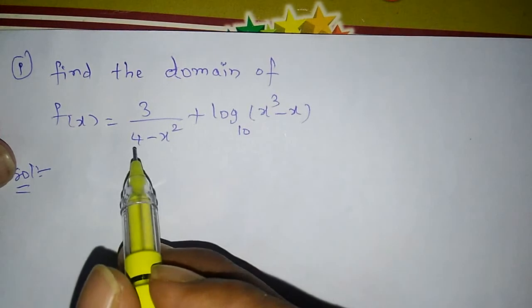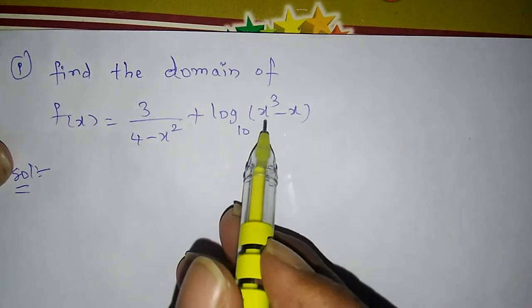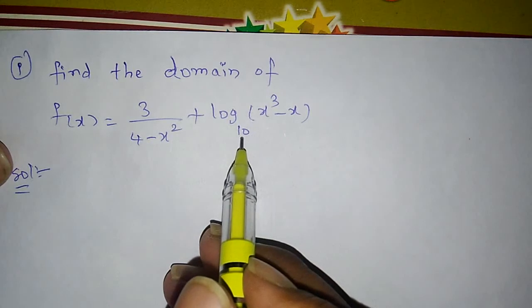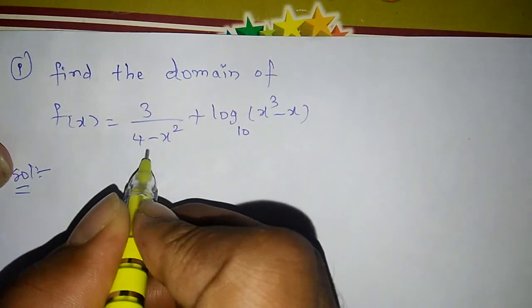So here two functions are there. 3 by 4 minus x square is one function, log of x cube minus x to the base 10 is the other. So here we take the first one.